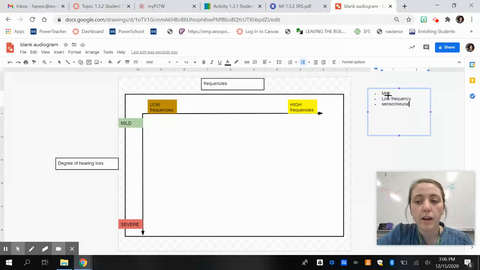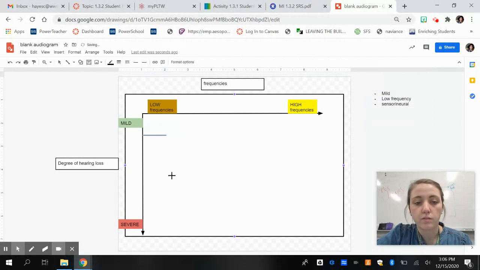So Sue is mild. She's got low frequency. So I think that Sue is going to be in the mild range here, right? But then all of the rest of her stuff should be more normal. So I would expect to see two lines, red and blue, showing that she has mild hearing loss at low frequencies. So I'm just mapping out in general what I think it might look like.